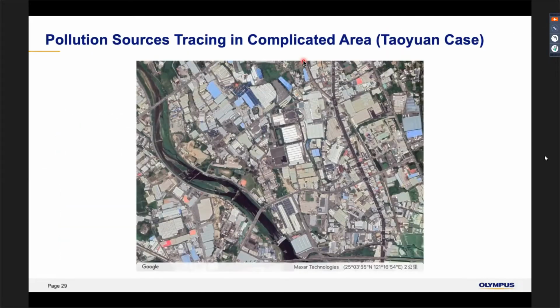The second application example is how to trace the source of pollution and find the culprit. As you can see in the aerial photo, the complex land use status in Taoyuan.